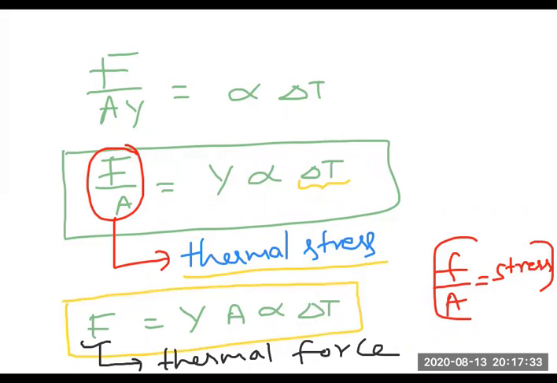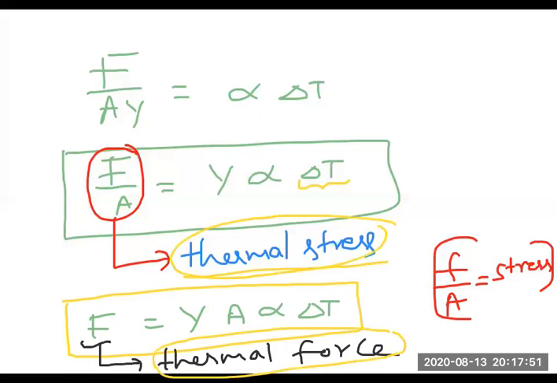This F is force connected to temperature difference, which we call thermal force, and the corresponding stress is thermal stress. So this is the topic of thermal stress and thermal force.